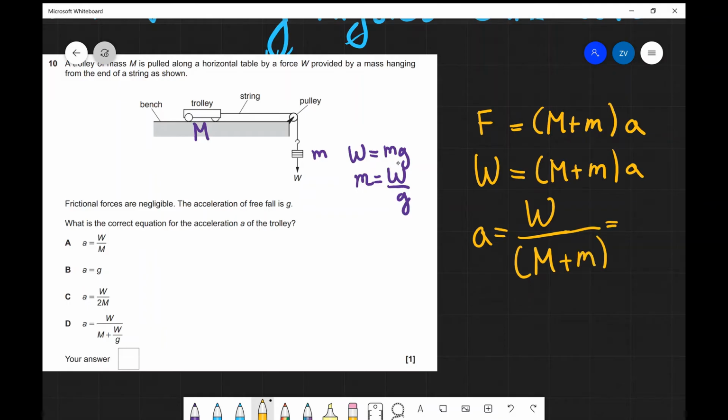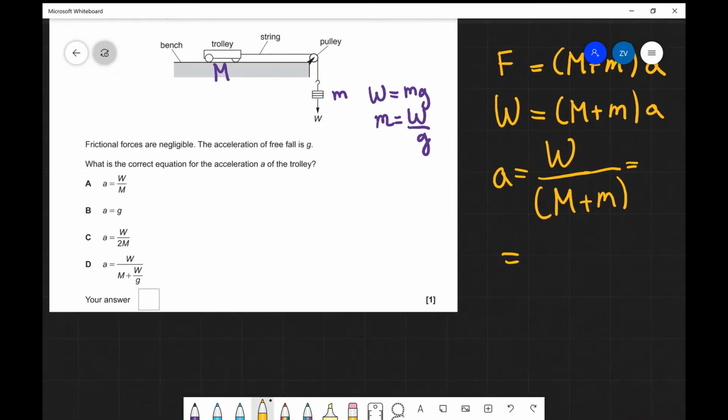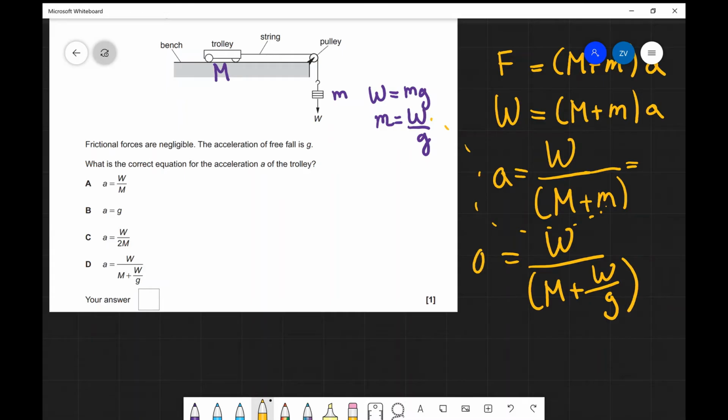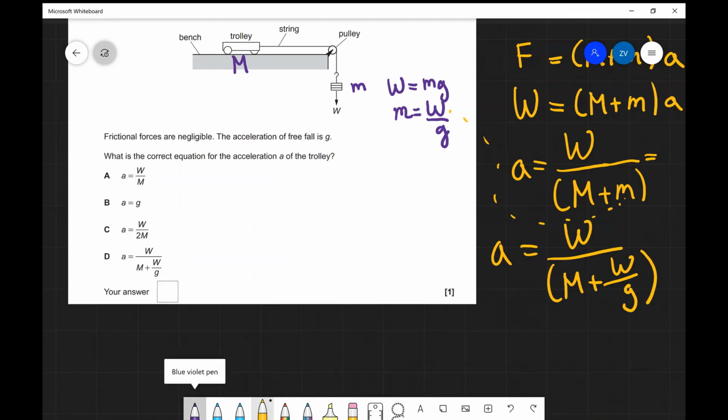Now just one final step to add in: W over M plus, rather than lowercase m, what I did here, which is W over g, like so. So that's the correct expression for the acceleration, so that leads us to the correct answer being D.